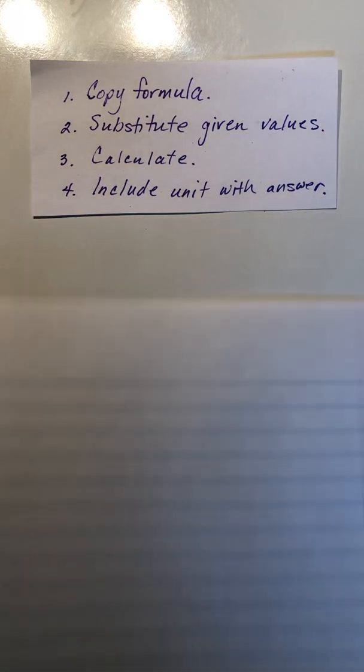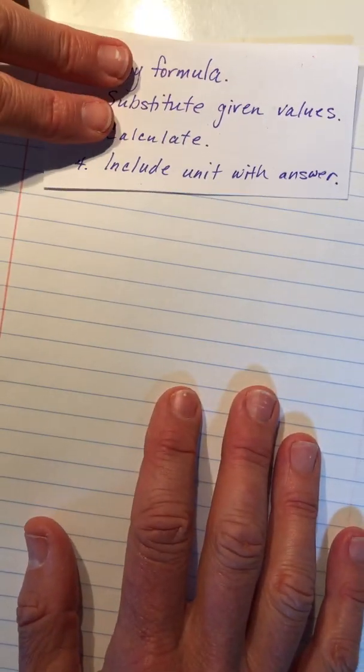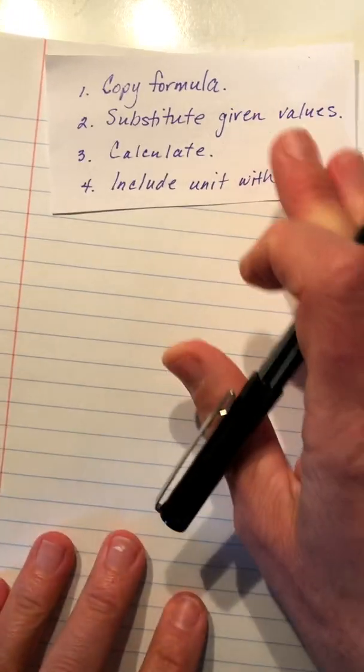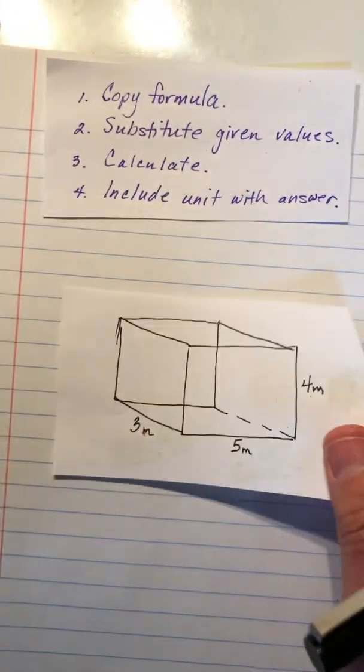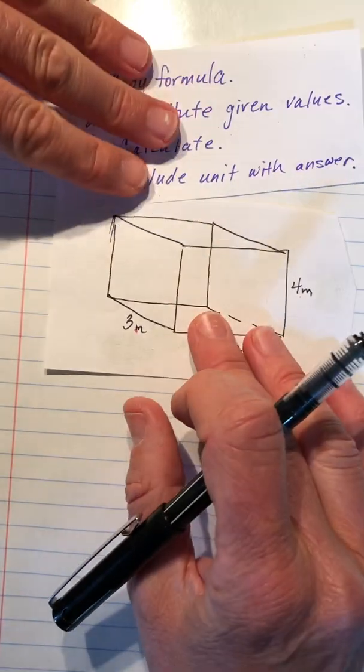So let me get some paper out here. Now I'm using pen because it shows up better on the video, but you know you need to be working in pencil. So let's see. I have a very poorly drawn rectangular prism right here.